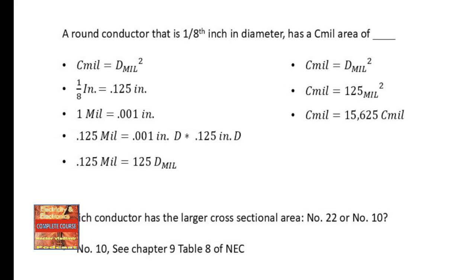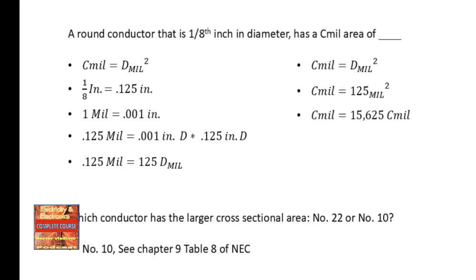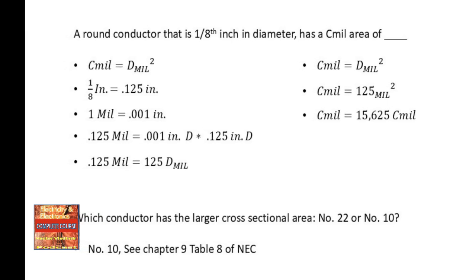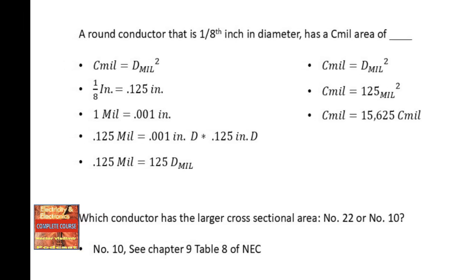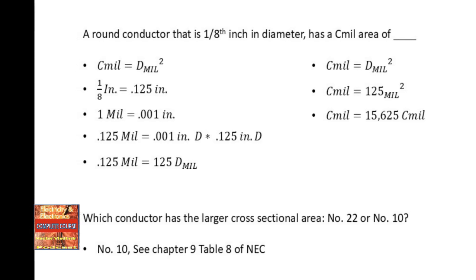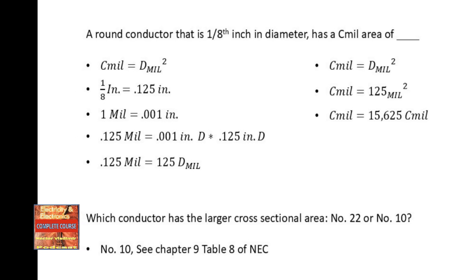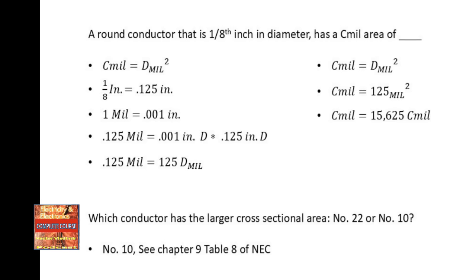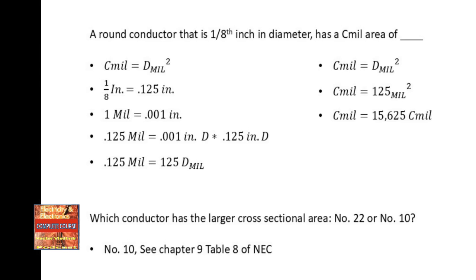So if the diameter is 125 mils, then the area is 125 squared, which is 15,625 C-mils. That's after you solve for the square. You multiply 125 times 125. That is your answer.